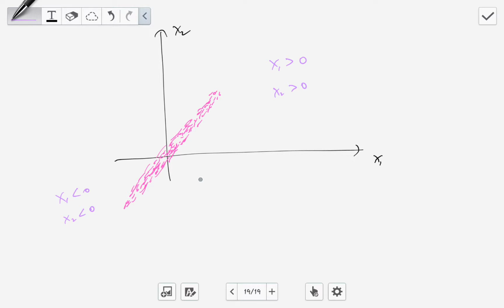In the region where x1 is greater than 0 and x2 is less than 0, and where x1 is less than 0 and x2 is greater than 0, the data doesn't lie very much. So I say the product x1 x2 greater than 0 is mostly present in this data for most points.